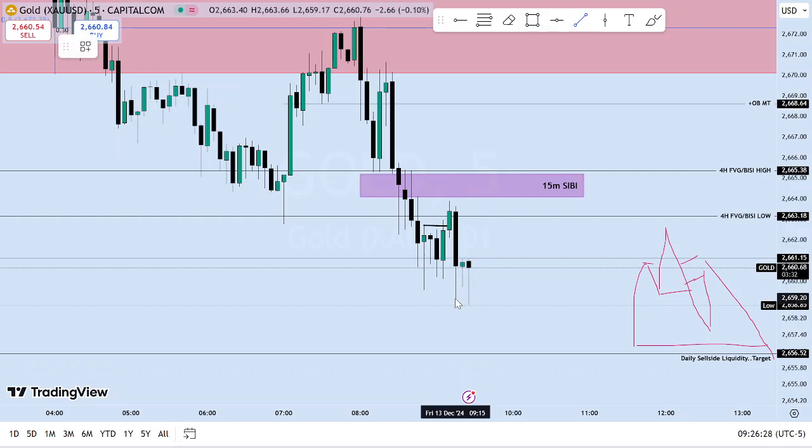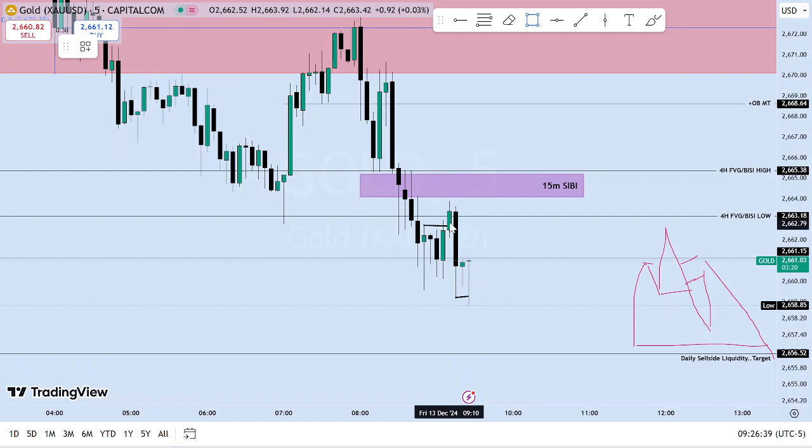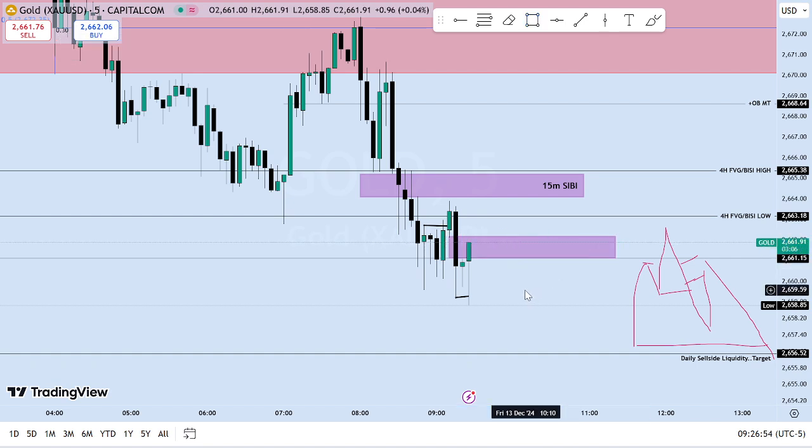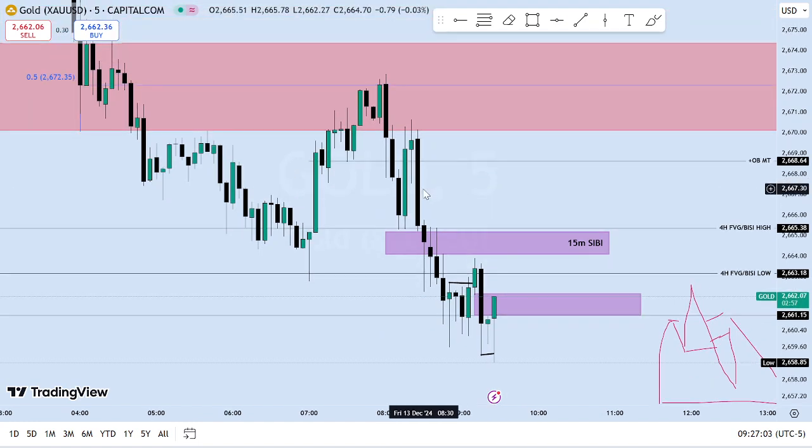Here is a low, and we have a fair value gap here. Here is a high too. Between the low of this bullish candle and the high of this bullish candle, we have an inefficiency here too, over here. So this should be our target too.